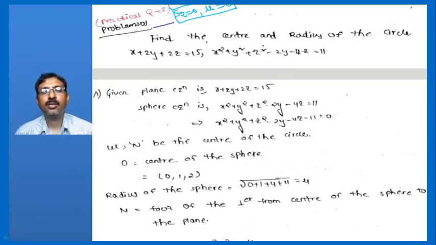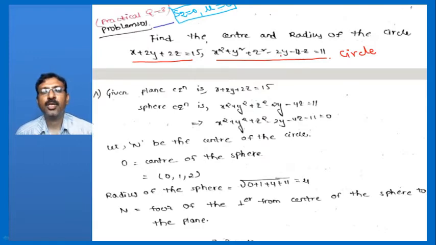Find the center and radius of the circle. Here it is the equation of circle. A plane equation and a sphere equation combined represents a circle, as discussed before.